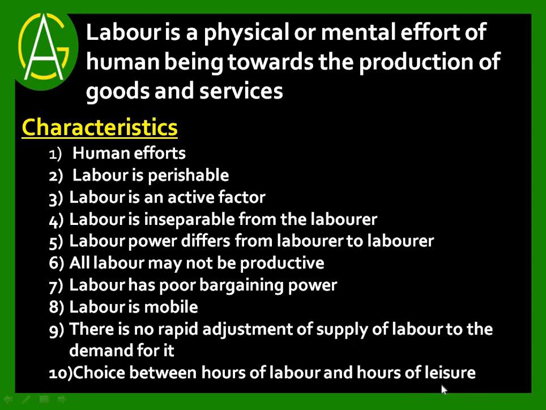But in the long run leisure will not do and the person will be compelled to select labor. So in the long run the supply of labor will increase, but in the short run the supply of labor is less because in the short run people like to have leisure.